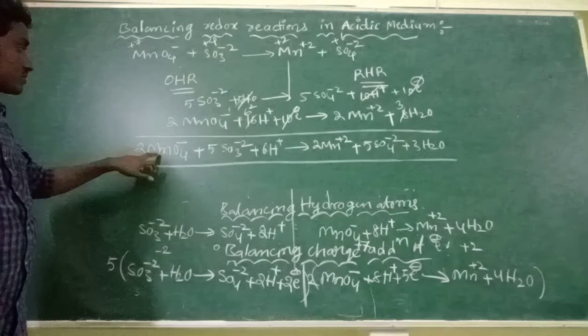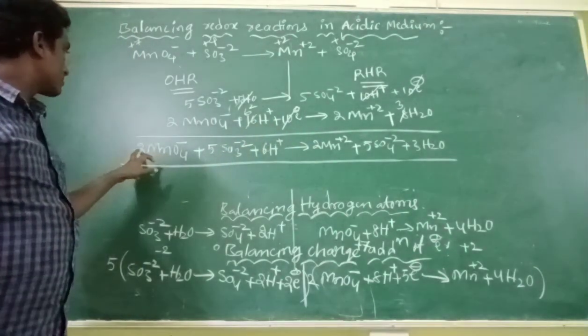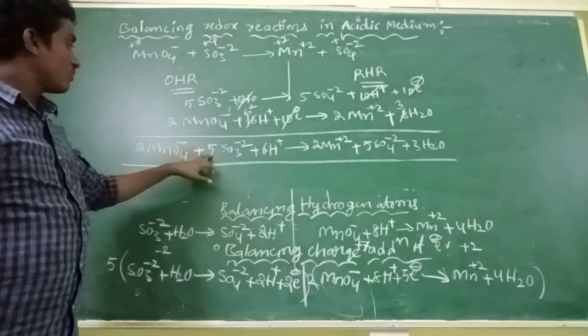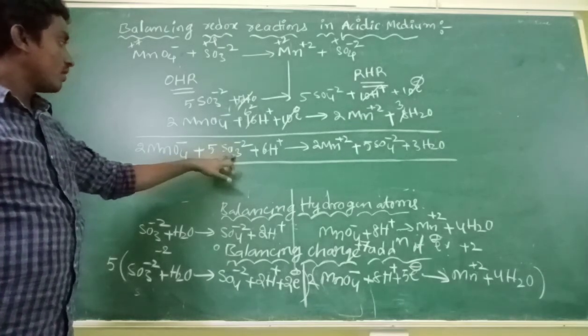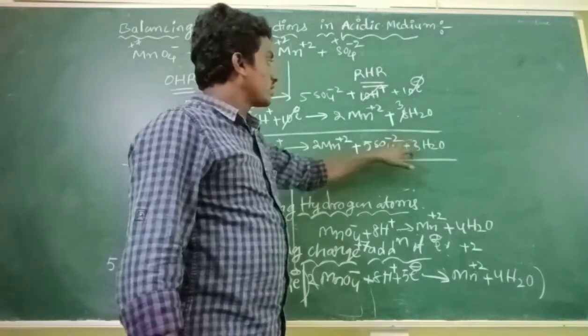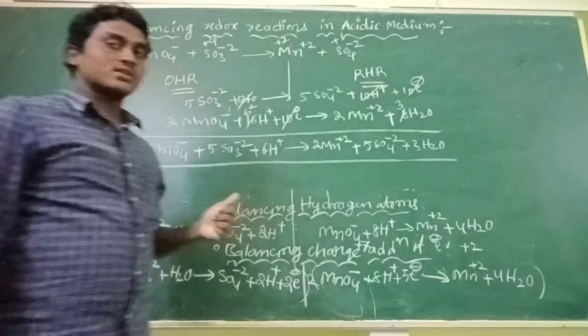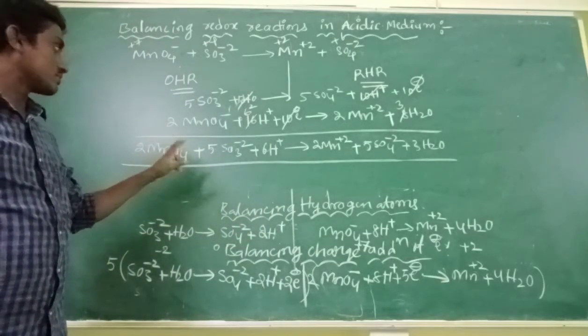So manganese is the same on the left and right side. Oxygens: 2 fours are 8, 5 threes are 15, 8 plus 15 is 23. Here 5 fours plus 3 are 23. Oxygens are also equal on the left and right side.